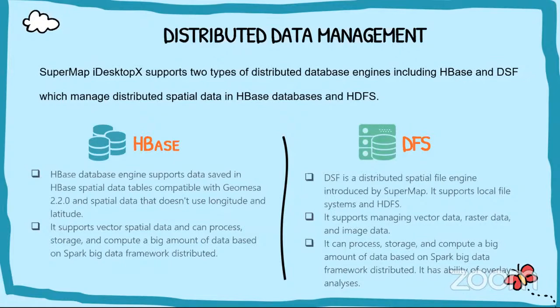It supports managing vector data, raster data, and image data, and it also helps to process, store, and compute a big amount of data on the Spark big data distributed framework. It also has the ability to perform overlay analysis.